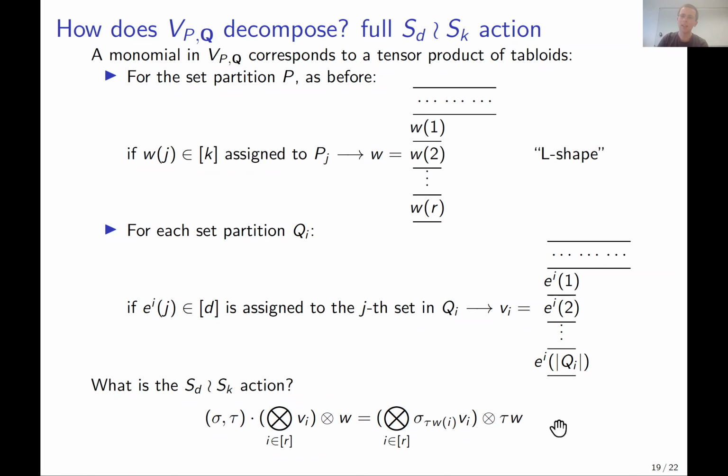But it's not the standard way one would do it if you don't have this L shape. So for us, it's very important that we have this L shape, because otherwise this would not be well defined. Because here we're really looking at the sigma that corresponds to the entry in the ith row of this tabloid. And if the ith row would contain more than one object, then it's not really clear which sigma one would have to apply. Okay, so this is where we're crucially using this L shape here.